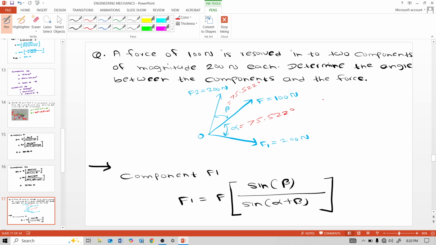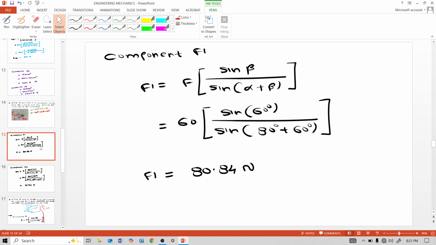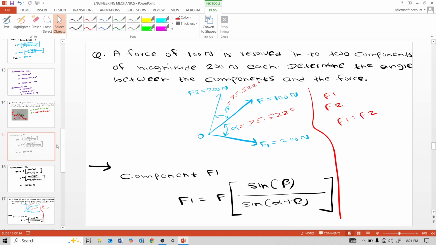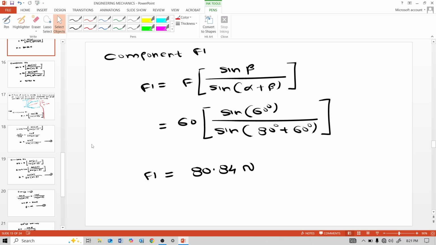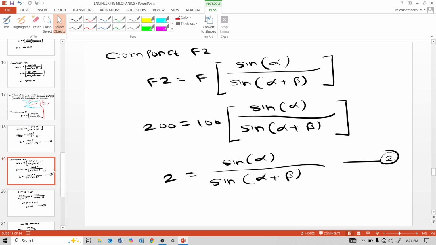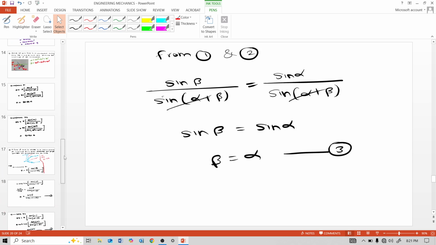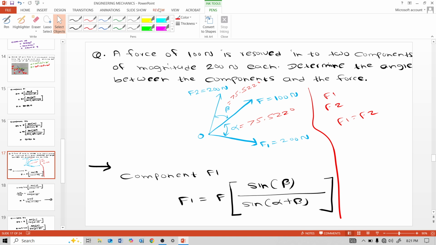Our solving methodology: first we consider both the F1 and F2 formulas. First we calculated component F1, then we calculated component F2, then we equated both of them, F1 and F2, and we got alpha is equal to beta.